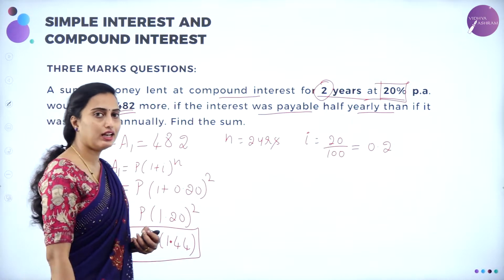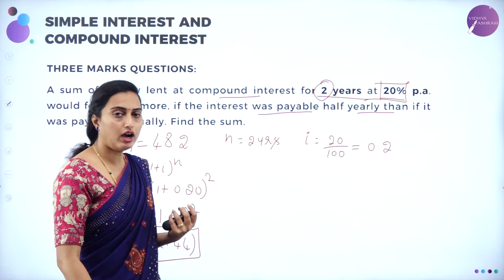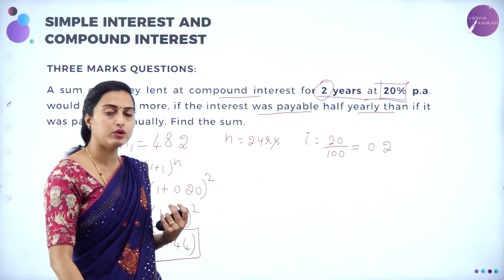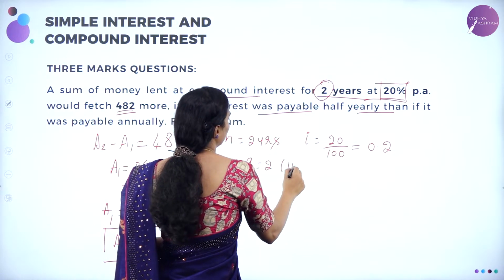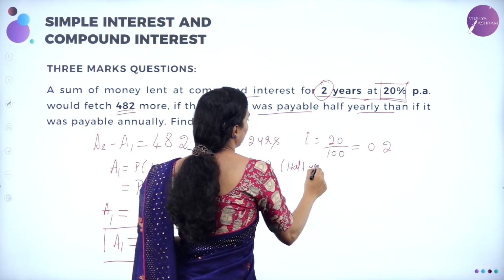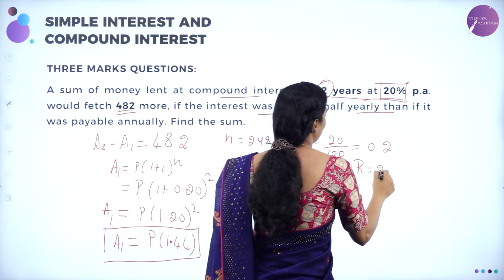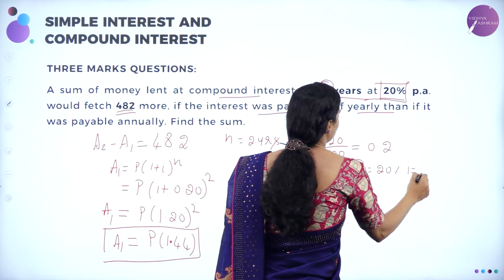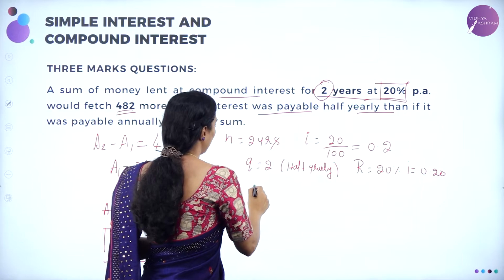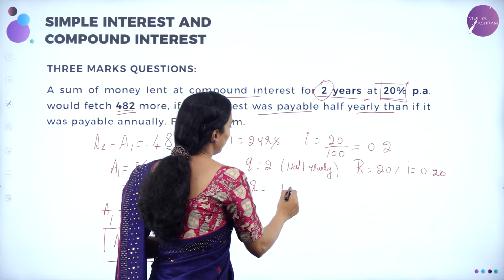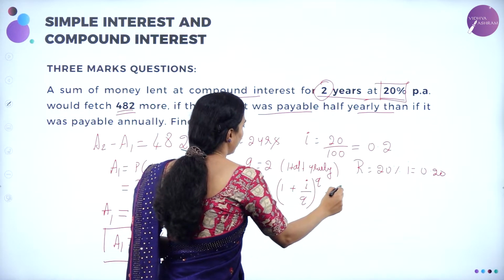Now next we can calculate the nominal rate of interest using this. They have given half yearly, which means Q is equal to 2, and I is 0.20. Now the nominal rate R is equal to (1 plus I divided by Q) whole to the power of Q minus 1.